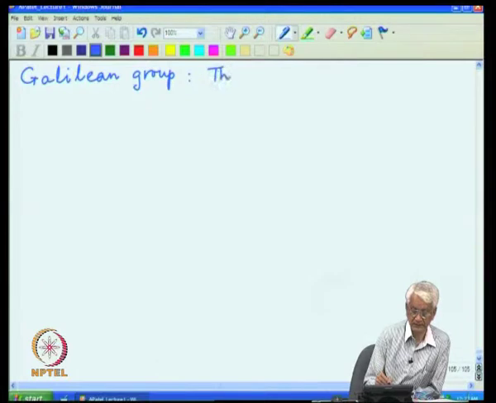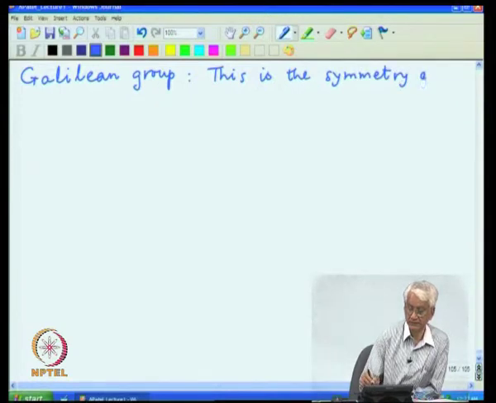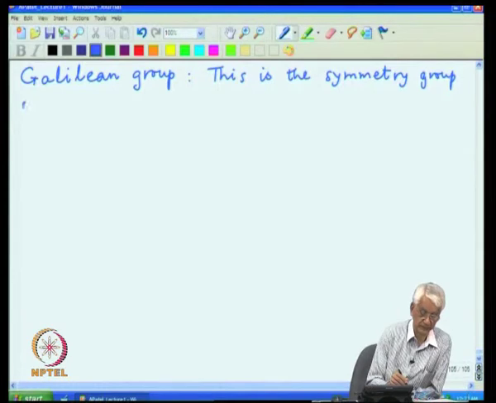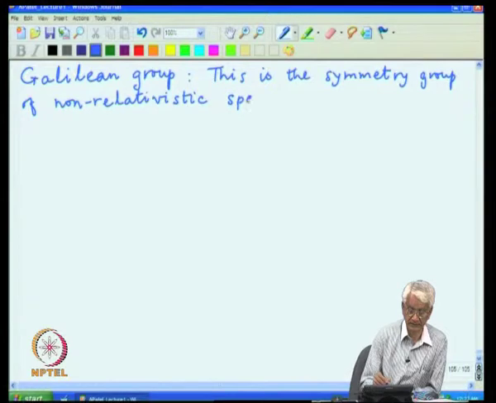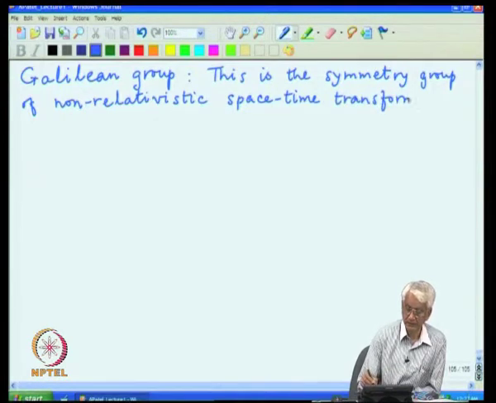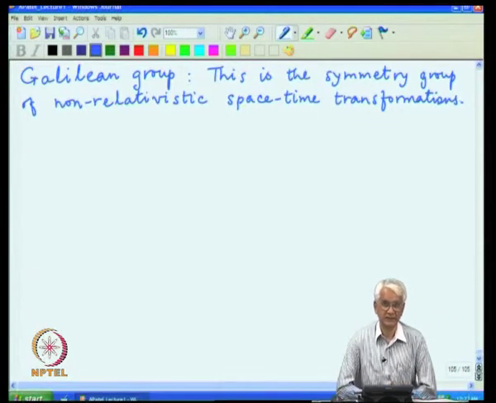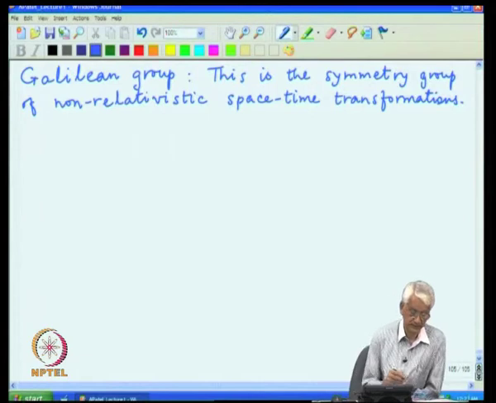So, this is the symmetry group of non-relativistic space-time transformations. It has the same 10 generators.